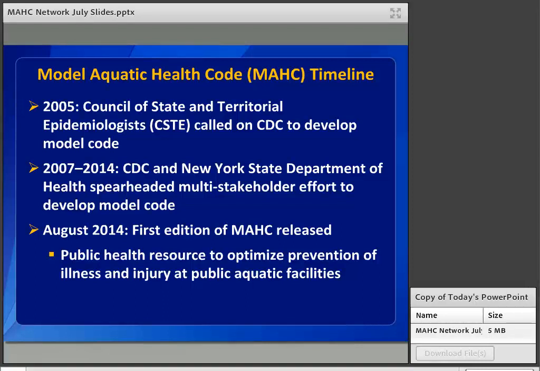As Jason mentioned, this was bringing in academia, this was bringing in the public, this was bringing in representatives from the aquatics industry. This wasn't a public health only effort. And back in August 2014, the first edition of the MAHC was released. And it's intended as a public health resource to optimize the prevention of illness and injury at our public aquatic facilities.